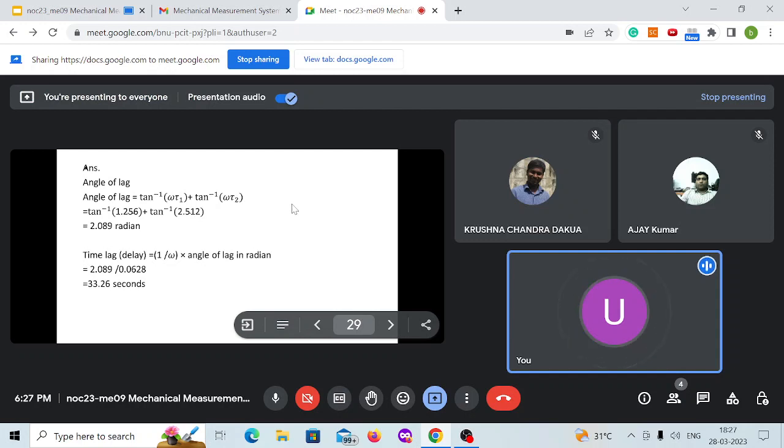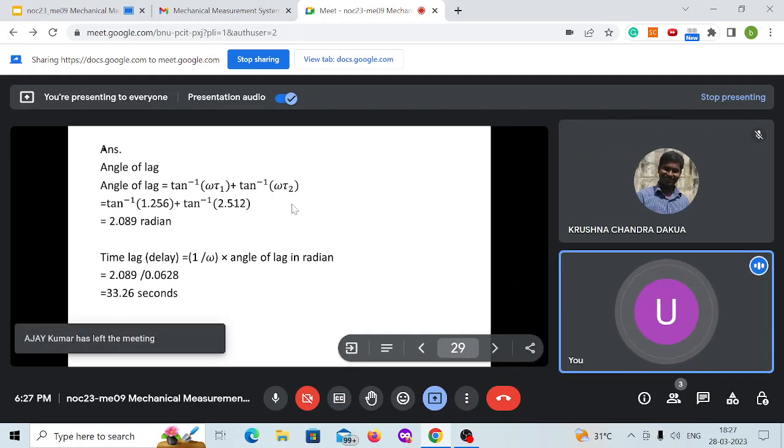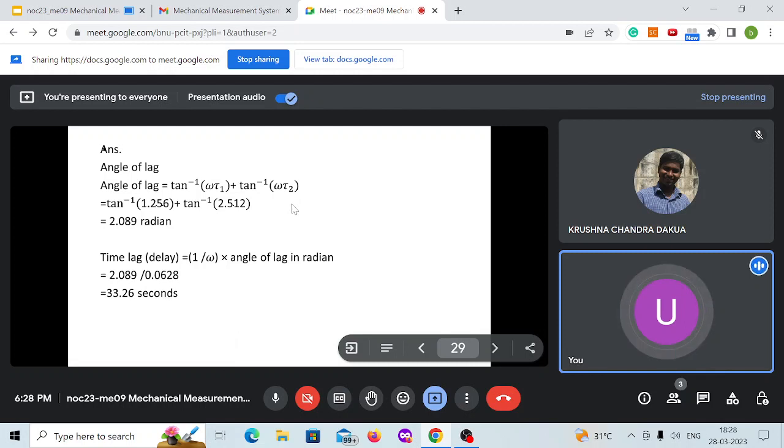The next part of the question was to find the angle of lag. The angle of lag is tan inverse omega tau 1 plus tan inverse omega tau 2, and you substitute those values. These phase lags have to be added, because each of them is acting. First the fluid and the well create some phase lag, and that goes as an input to the next stage, the glass well, which shifts it to another level.